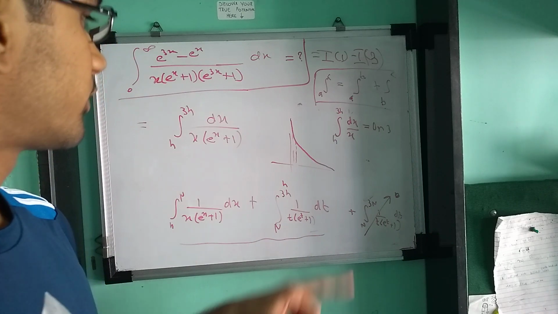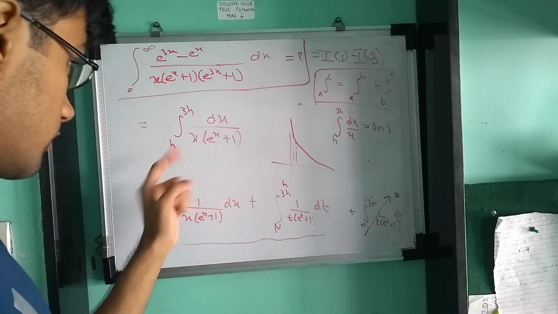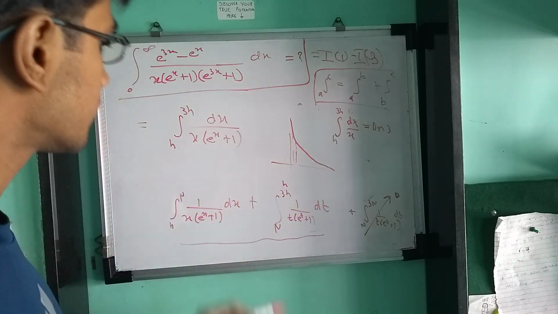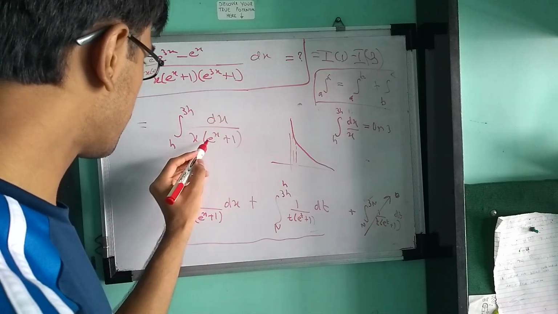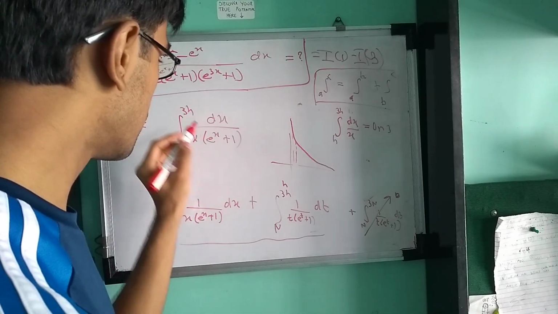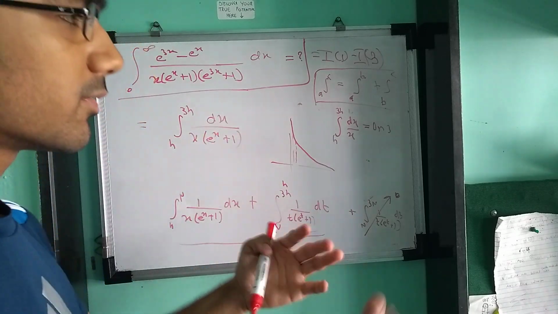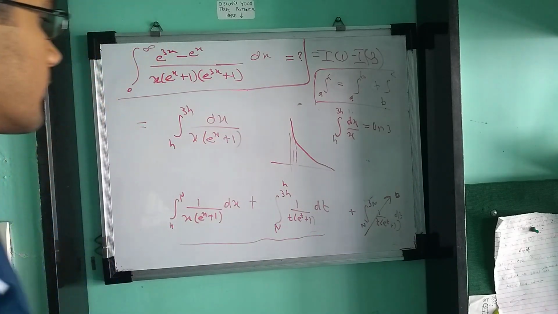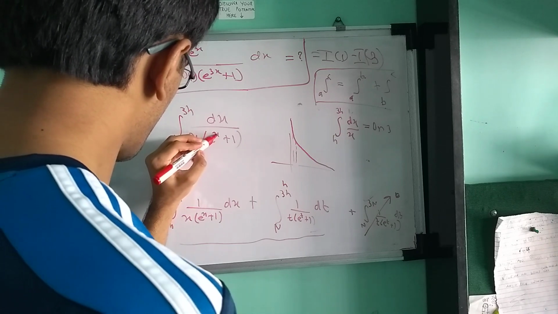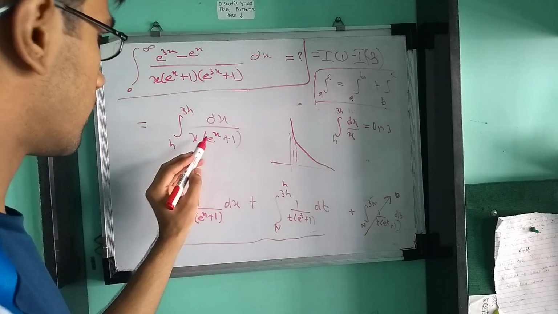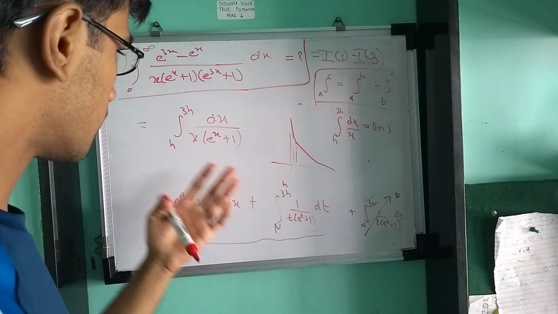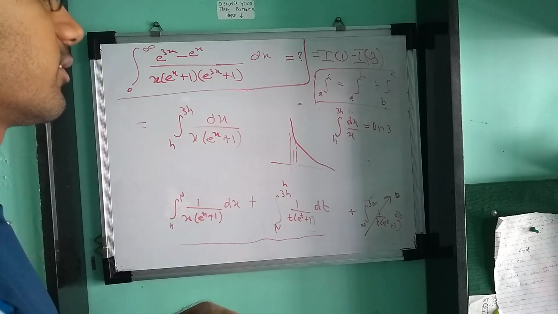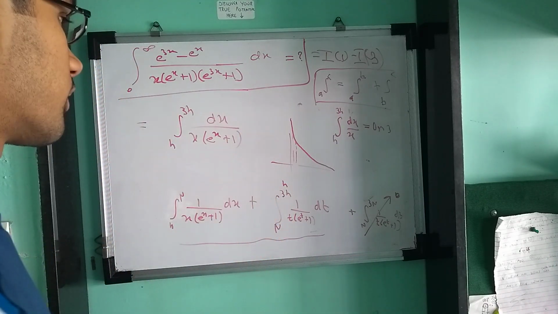Okay. So here we have an integral from h to 3h, and the benefit is that when h tends to 0, x tends to 0, e to the power x is very close to 1. Let me just write e to the power x as 1 then, because in the whole interval e to the power x is very close to 1.